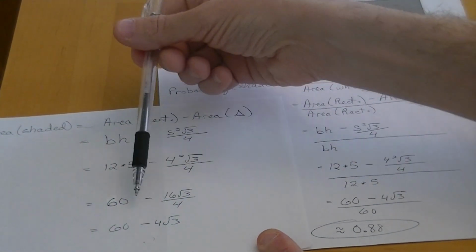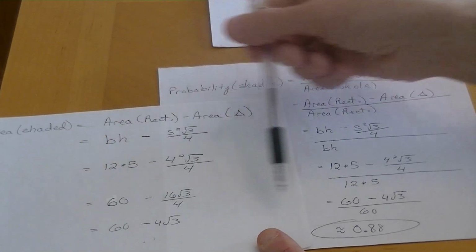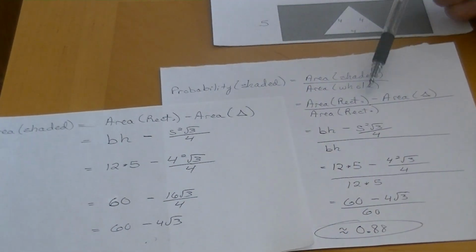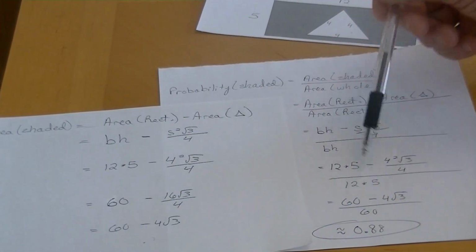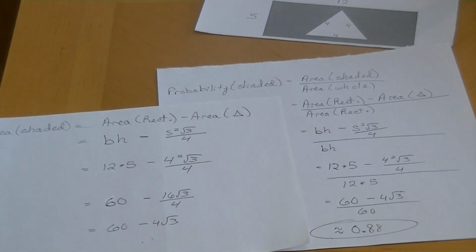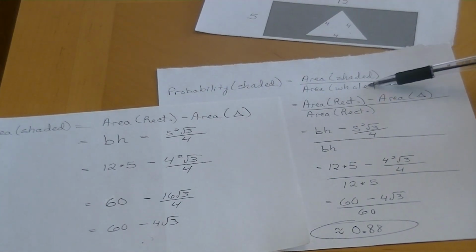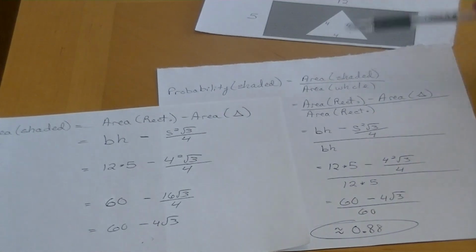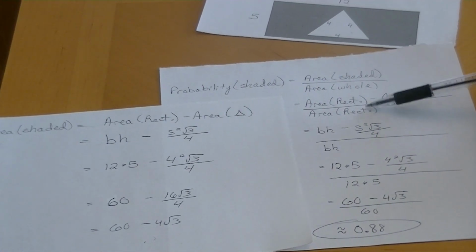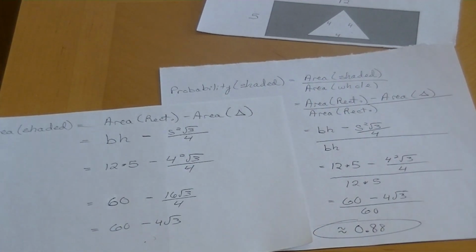And then I simplified to get 60 minus 4 root 3. That's the numerator. Every line here is the numerator if you're just finding the area of the shaded region. The denominator in every line is just the area of that whole rectangle, which was 60. The area of that rectangle, base times height, is 60.